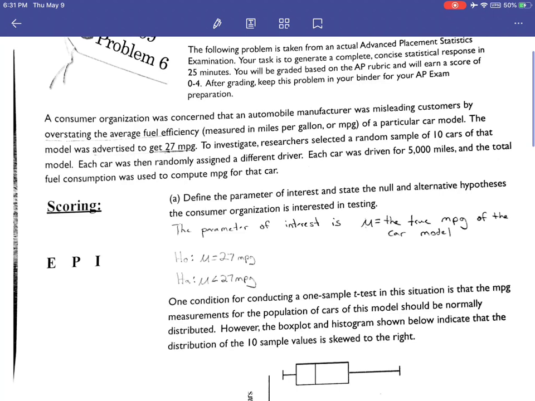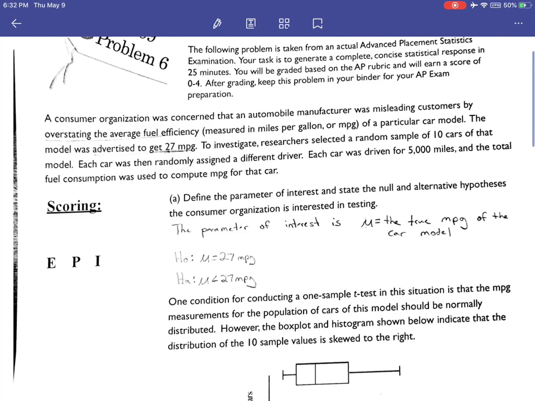All right. So our null hypothesis is that there's no difference from what the claim is. So our null hypothesis would be our mean equals 27 miles per gallon. Remember, we always use the population mean symbol, the mu, not the x bar sample mean, and the p symbol without the p hat for the proportions.